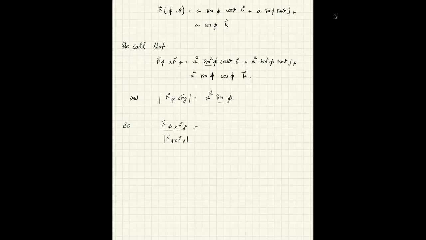It will give sine phi cos theta i, and then sine phi with this one, which will give sine phi sine theta j, and then this one with this one will be cos phi k, and this is nothing else but the radius vector r over a, right?